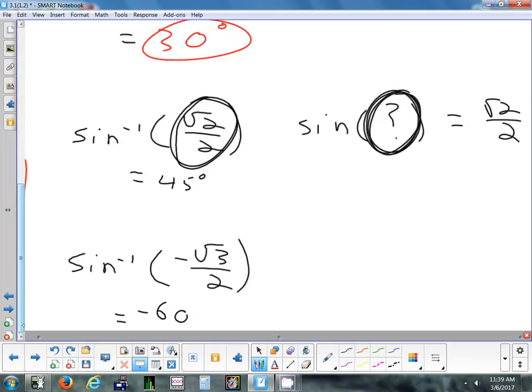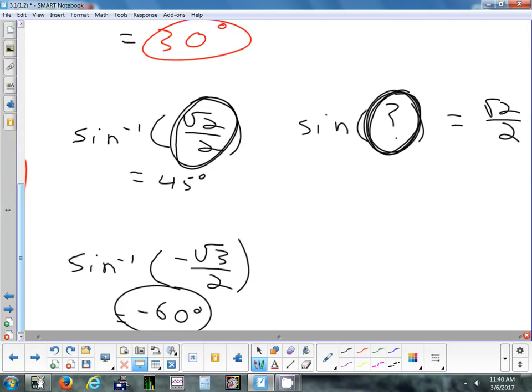Any questions on that? Now, when we're solving triangles, we're going to get into that later in the week. Some answers might not make sense. For the last two problems we did, which answer would make more sense here if you were solving for an angle in a triangle, trying to figure out how big it was?